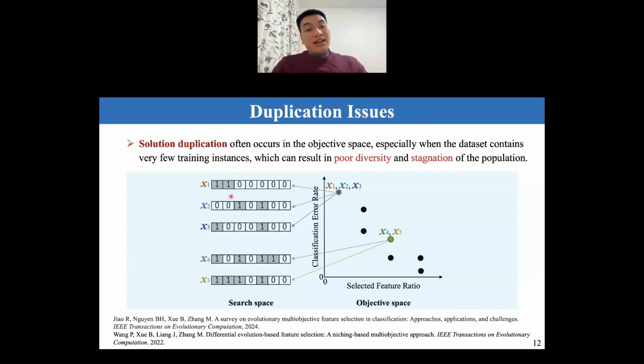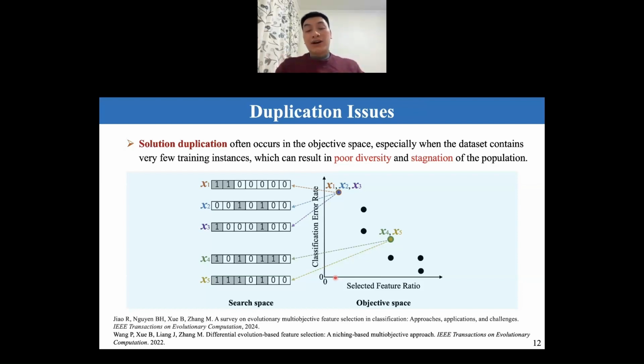Because of redundant features in EMO-based feature selection, we have so many duplicated solutions in the objective space: the same number of features and the same classification error rate.